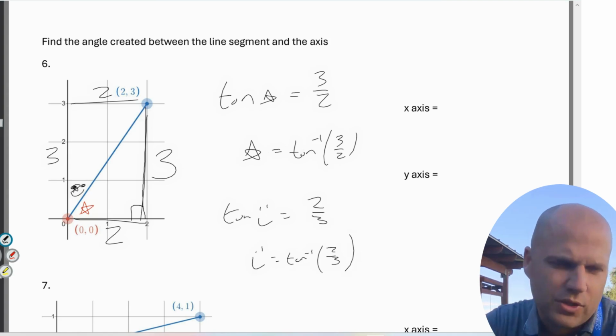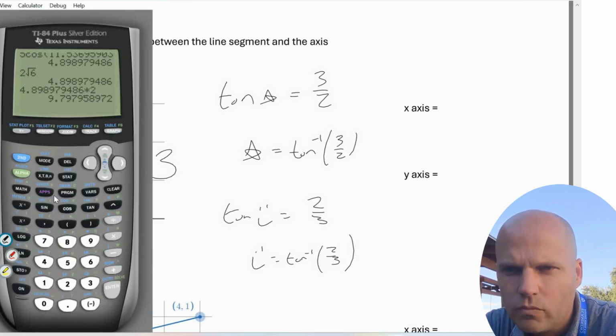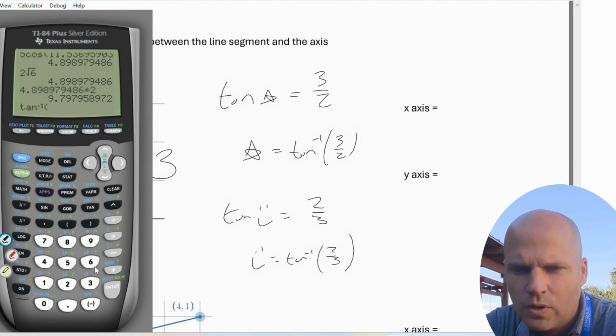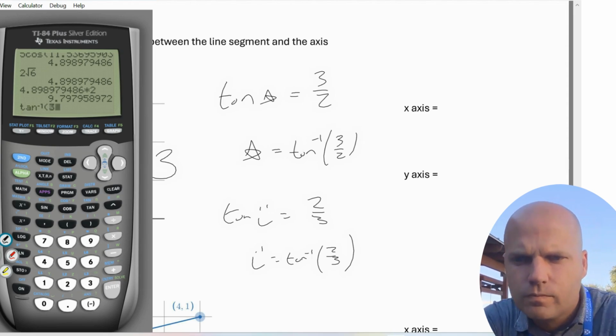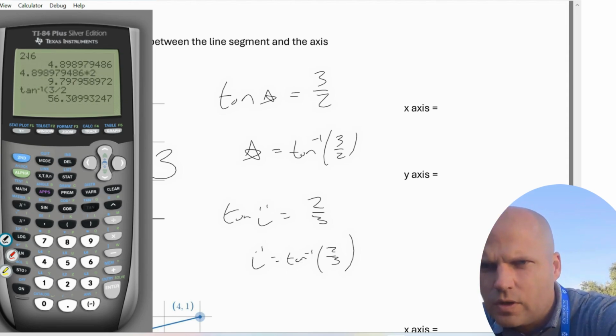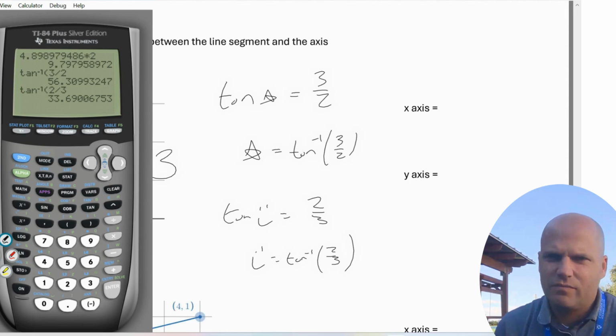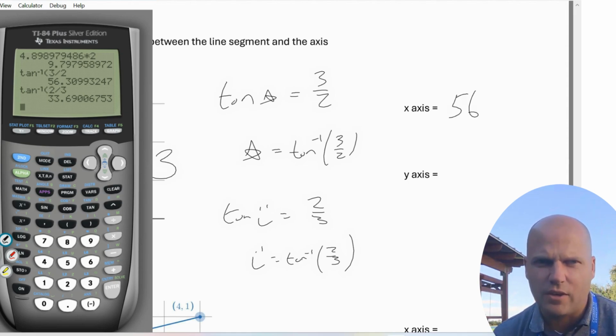Tangents and slopes go very much hand in hand. So tan inverse of 3 over 2 and the tan inverse of 2 over 3 have to add up to 90, right? You get one, you get the other. Just don't mix up the two.